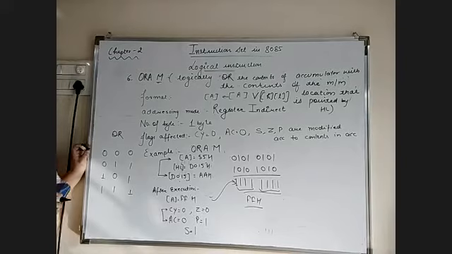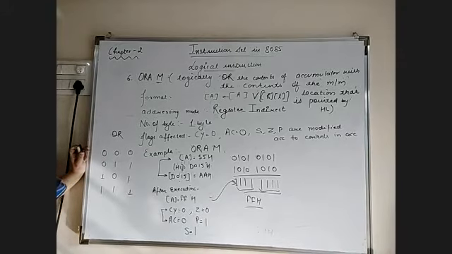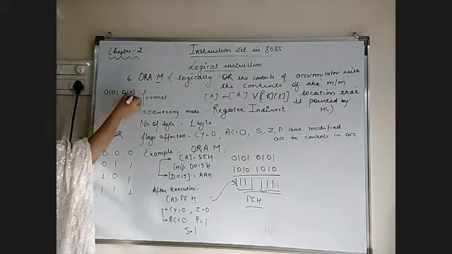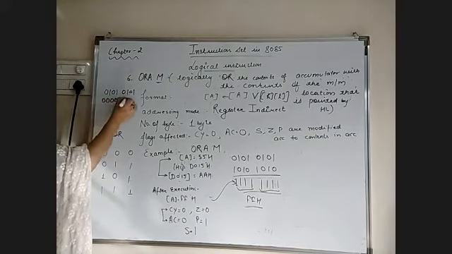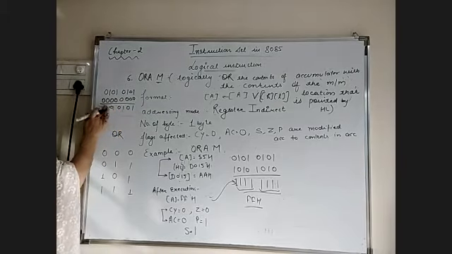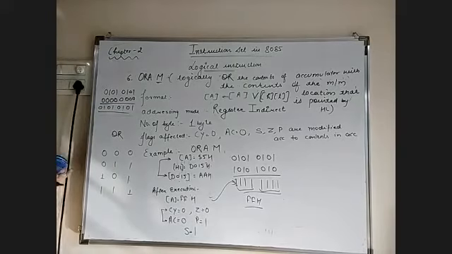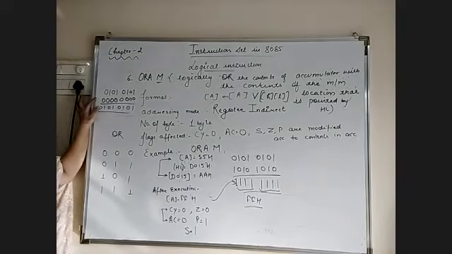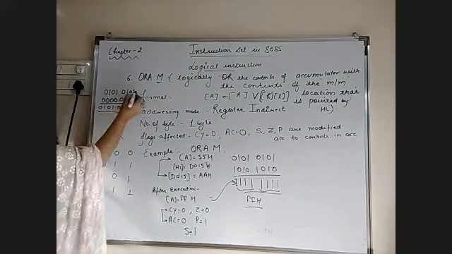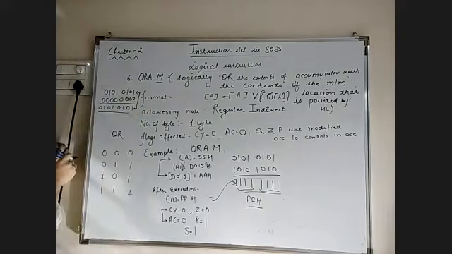Now, you can see anything that we logically OR with zero contents becomes the same. For example, we have data 0 1 0 1 0 1 0 1 ORed with 0 0 0 0 0 0 0 0. It becomes this only. So anything that we logically OR with zero contents becomes the same.